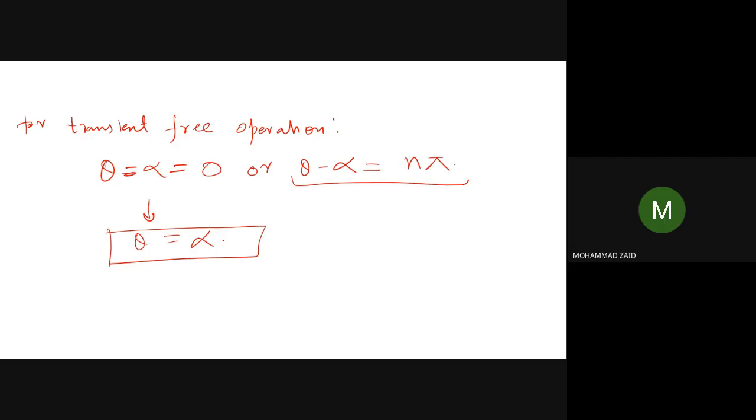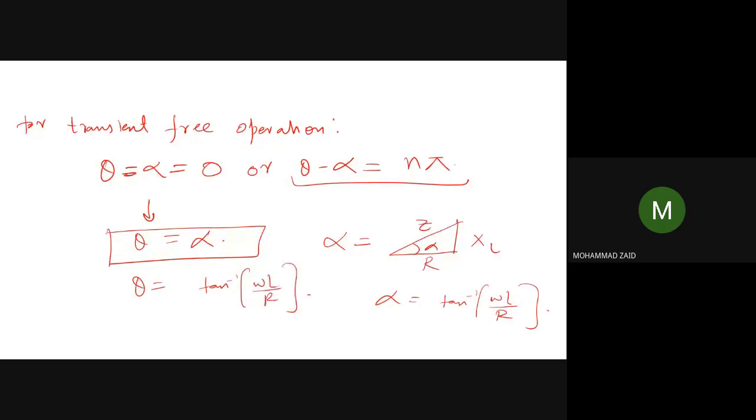Now, if this theta is equal to alpha, then what is alpha? From the triangular vector diagram, if this is R and this is XL and this is Z and this is alpha, then alpha is equal to tan inverse omega L by R. So theta is equal to tan inverse omega L by R. And what is theta?